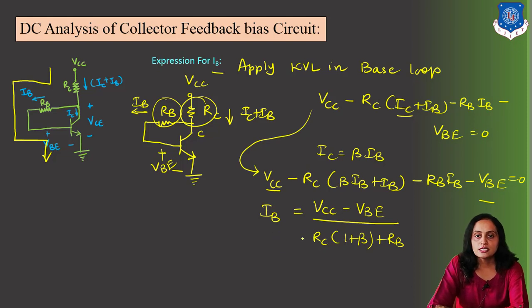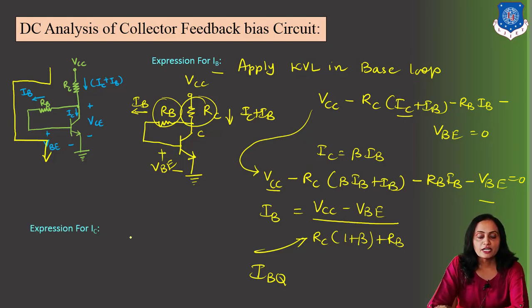So from this equation we can find out the value of IB. This is the equation of IBQ. This is called the quiescent base current, that is the DC current which is flowing through the base terminal.